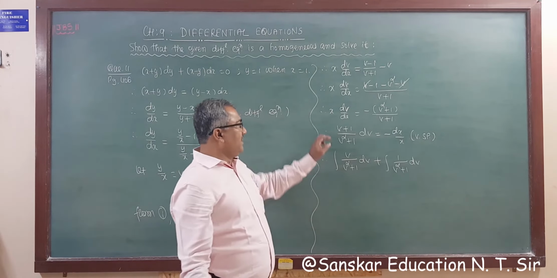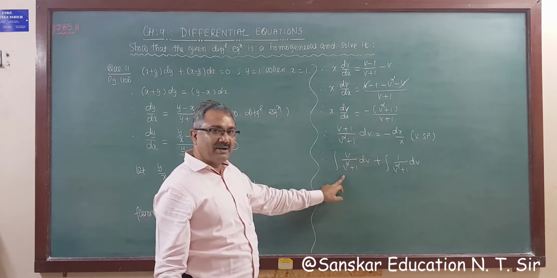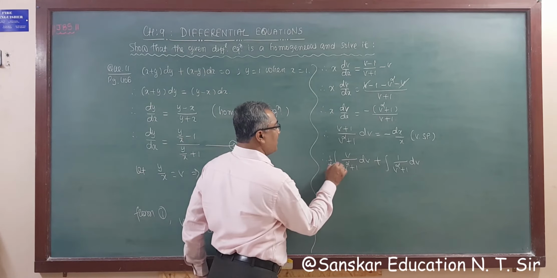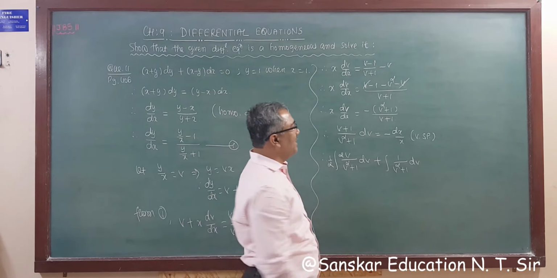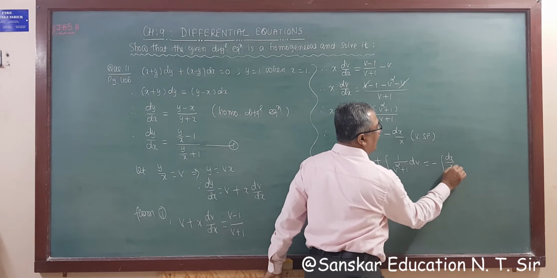For integrating this, we have to take it separately, so I am writing separately. Now the derivative of this is twice v, so multiply and divide by 2. This is 1 upon v square plus 1, that is the tan inverse formula. And here minus integration dx upon x.